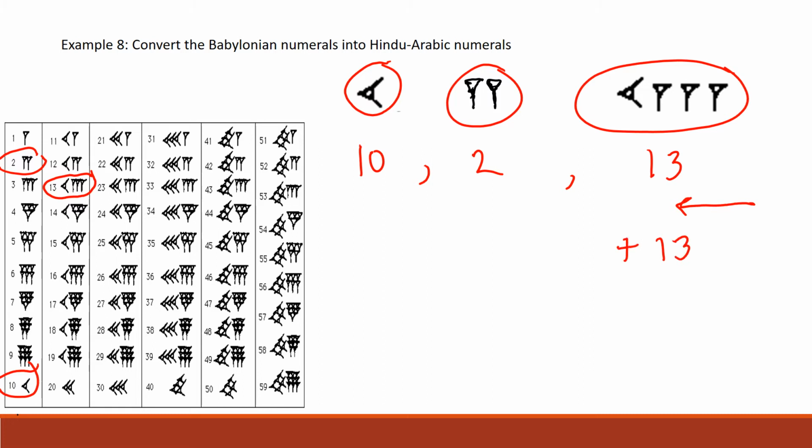13 does actually mean 13, but 2 does not really mean 2. 2 means 2 times 60, and 10 means 10 times 60 squared, or 10 times 3,600.